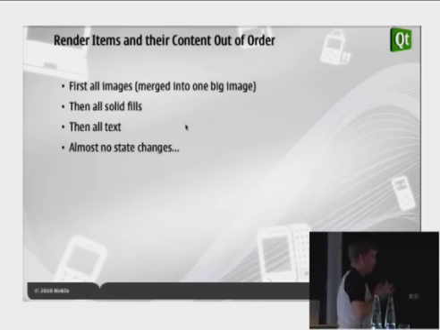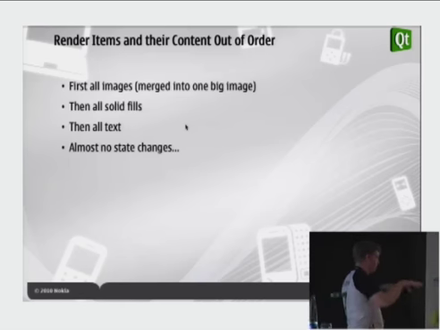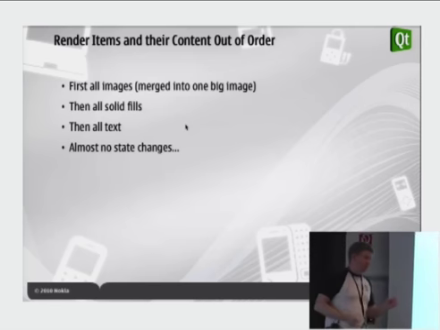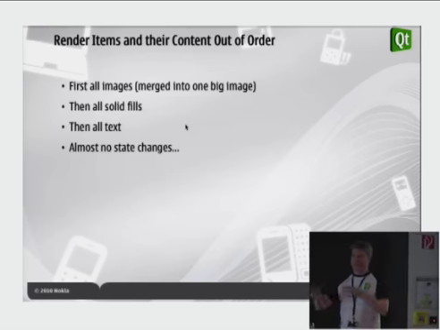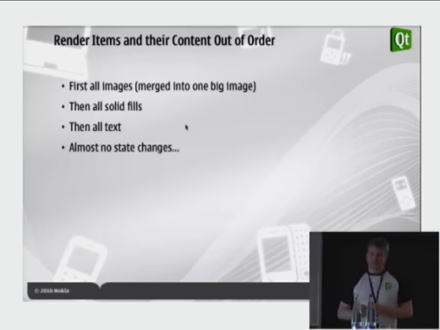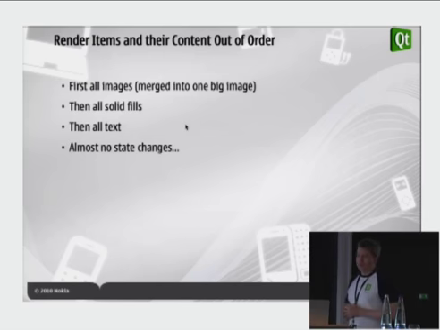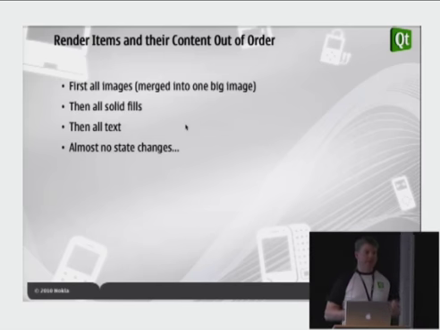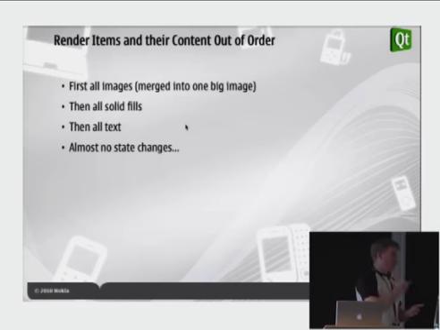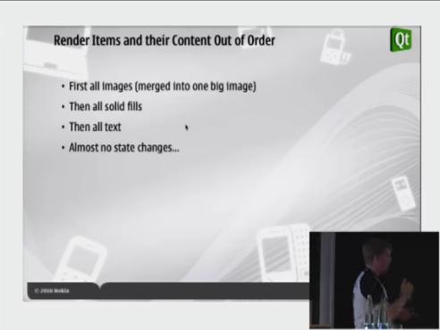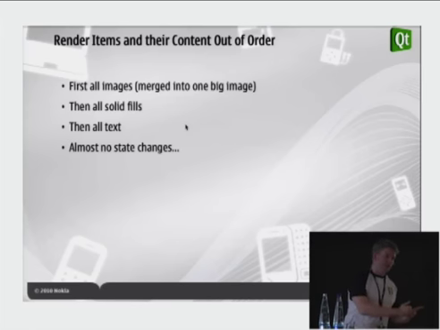So if we could somehow take all of this and reorganize that and schedule it out of order rather than in the item-based order, then we could reduce all of these state changes down to just one for textures, one for solid fills, and one for text.